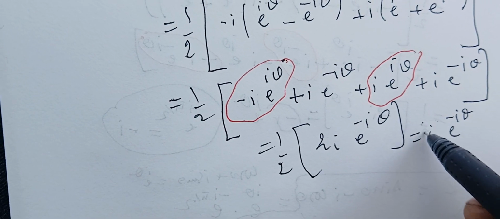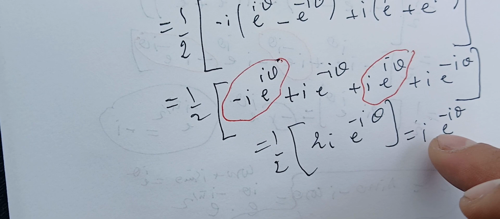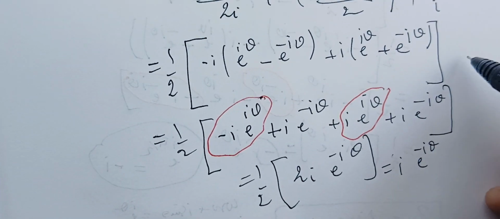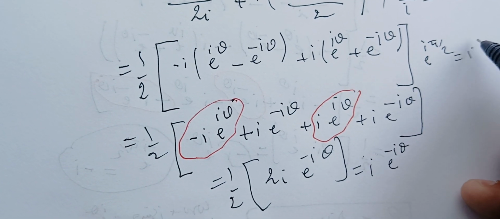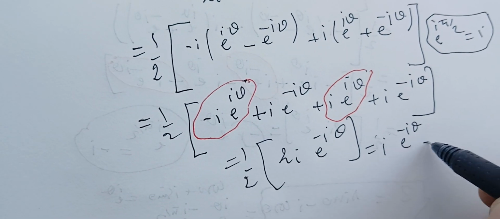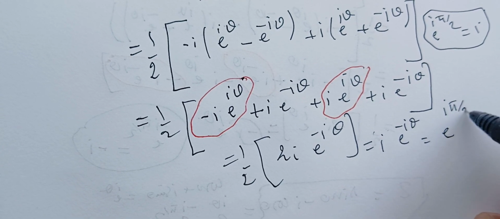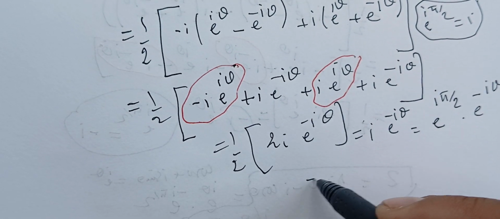We need to get rid of this i, because here we need to have only the modulus in front of the exponent. So that's why i can be expressed as e to i pi over 2. Okay, so we write it down. So we get e to i pi over 2 times e to minus i theta.